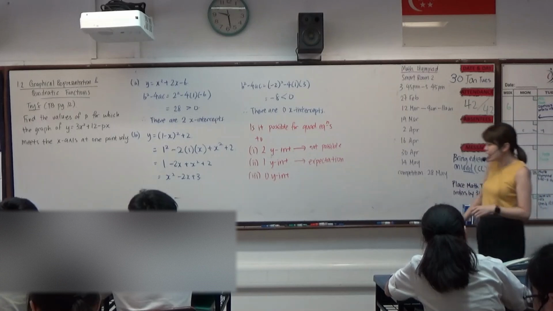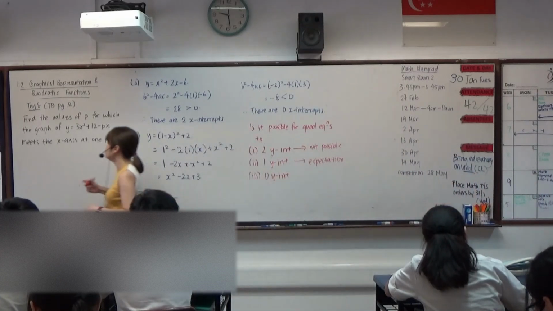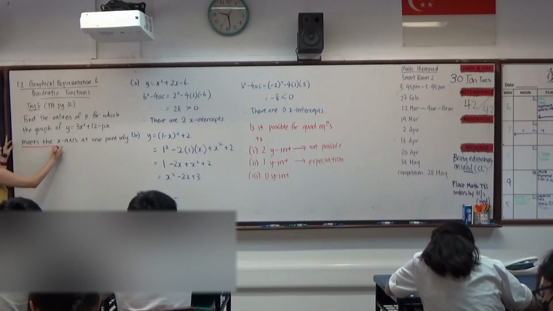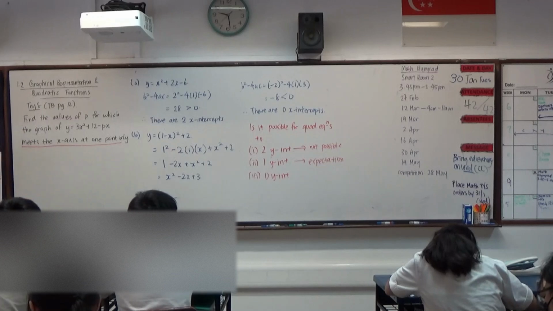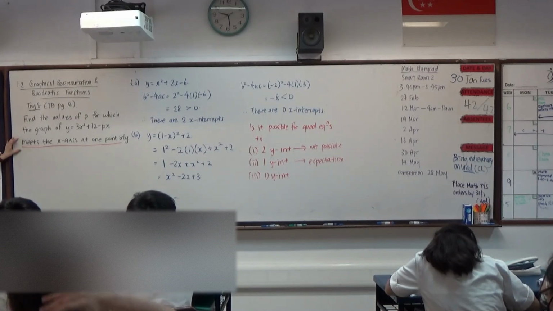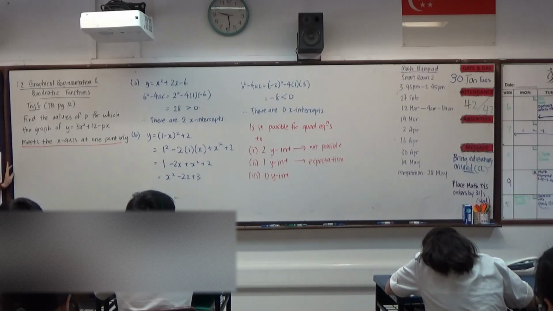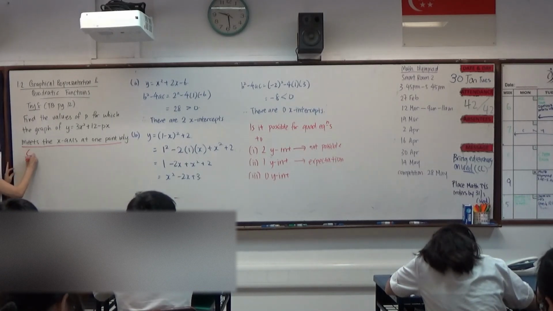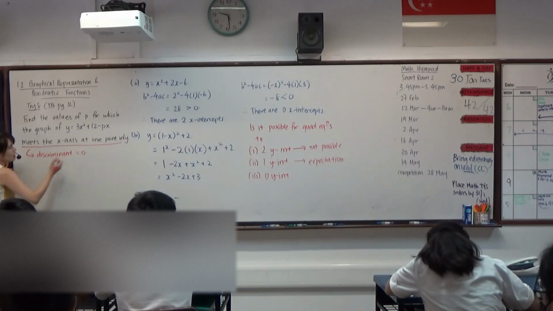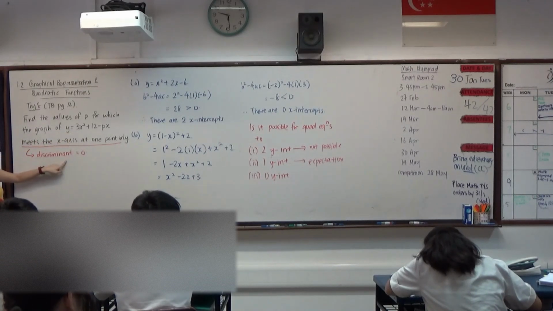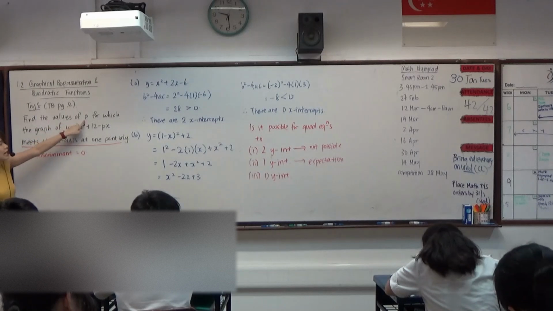Sometimes in your question, you may be given the condition that your quadratic function meets the x-axis at one point only. With this given information, what can we say about this quadratic function regarding its discriminant? Your discriminant must be equal to 0. That will help us make use of discriminant equals 0 to determine the unknown p itself.